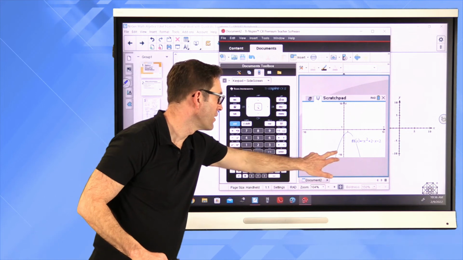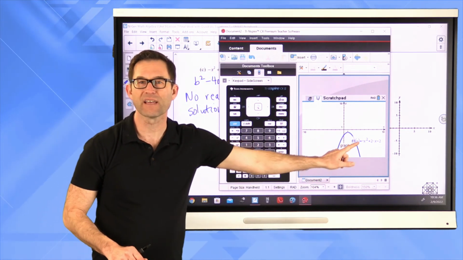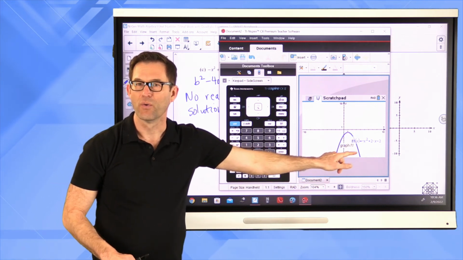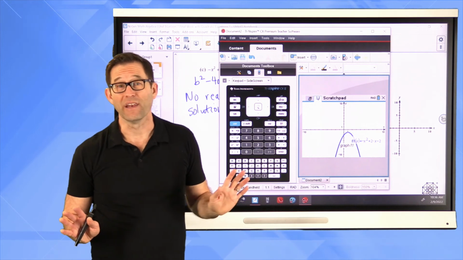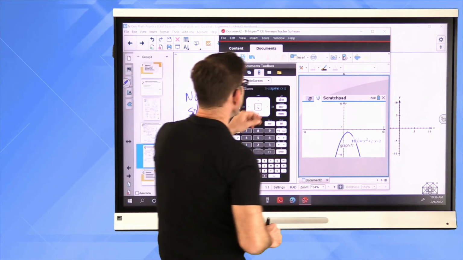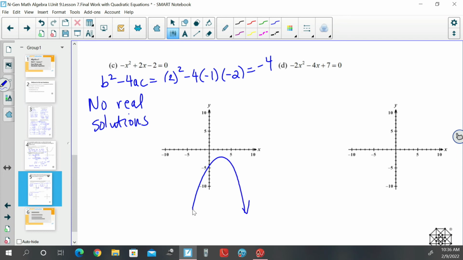I'm trying to make that a little bit more highlighted. It misses the x-axis. It gets close. Real close, right? And the discriminant value is close to being positive. It's only negative 4, but it still doesn't hit the axis, right? So we get something like this, and it misses that x-axis entirely.